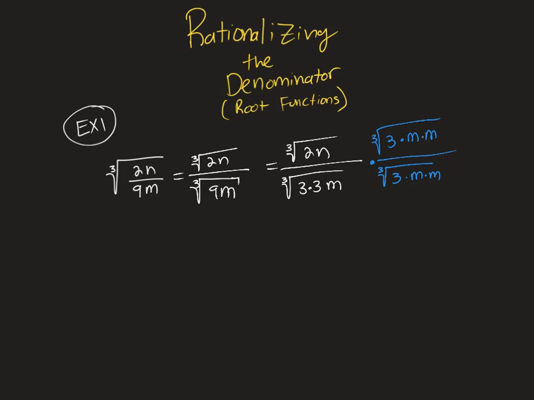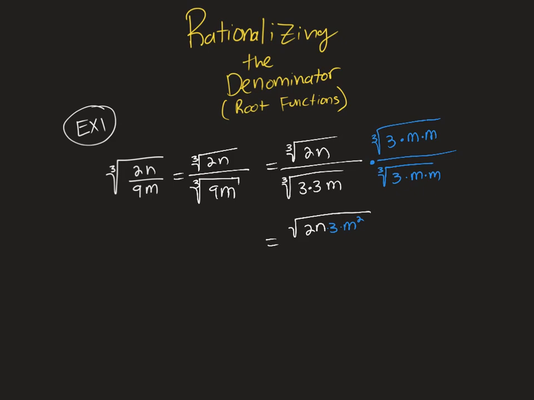So if I multiply by that, the numerator becomes the cube root, and we're using one of those properties, of 2 times n times 3 times m squared.